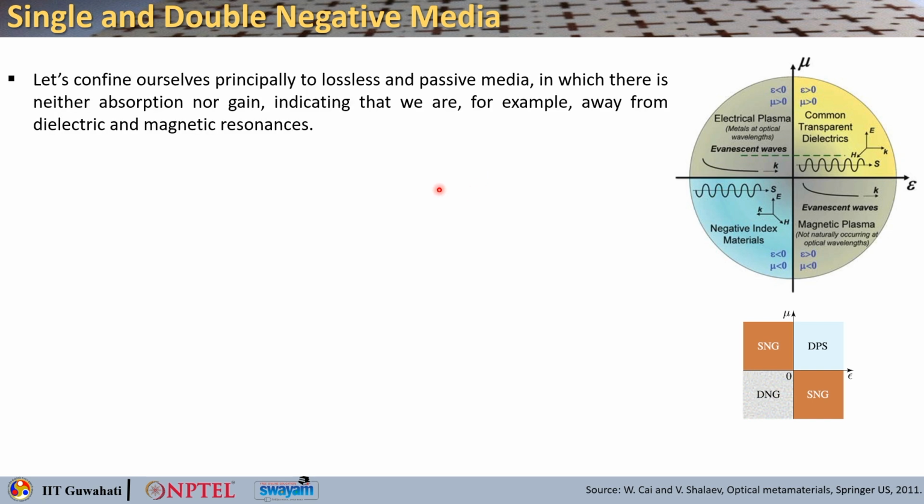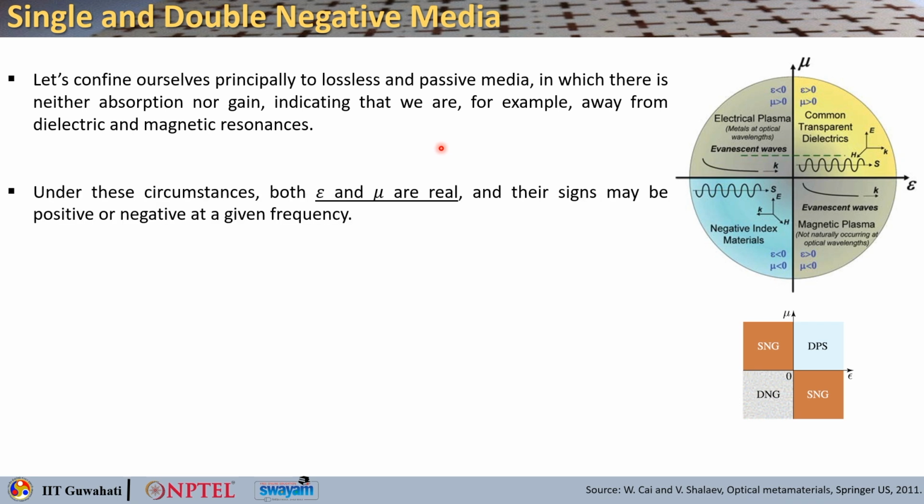Let us first confine ourselves to lossless and passive media, in which there is neither absorption nor gain, indicating that we are away from the dielectric and magnetic resonance. Under these circumstances, both epsilon and mu are real, and their signs can be either positive or negative at a given frequency.